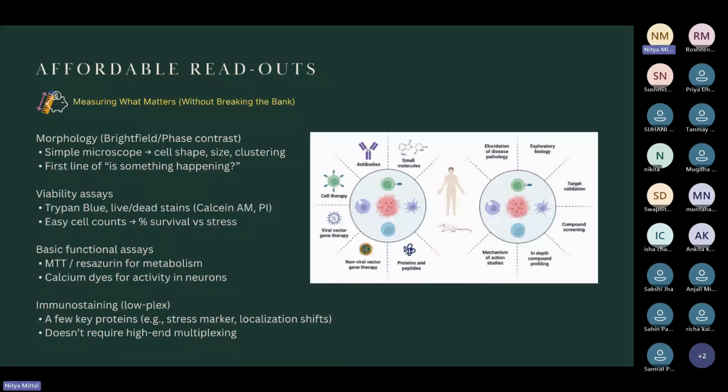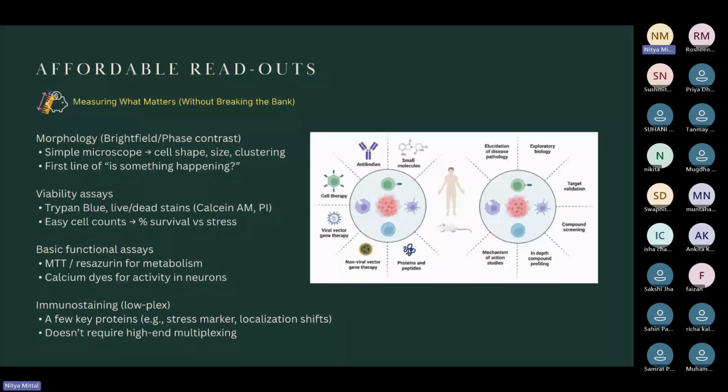The next thing I go to is viability assays. And viability assays have been used as like a holy grail in the last few decades of research as well. And it's very simple. You can use just your regular stain, trypan blue, live-dead stains, and there are a lot more different viability assays that can be used apart from just your cell count, which are also pretty easy to use.